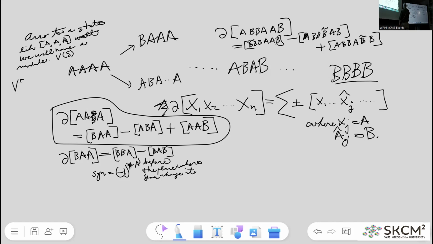Then you're going to have, for example, V of the AAA. It's going to map into the V of the BA.